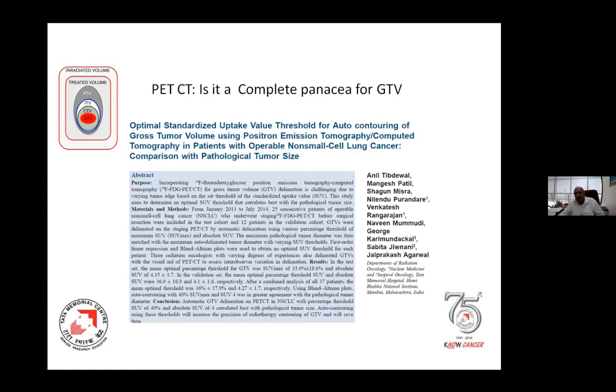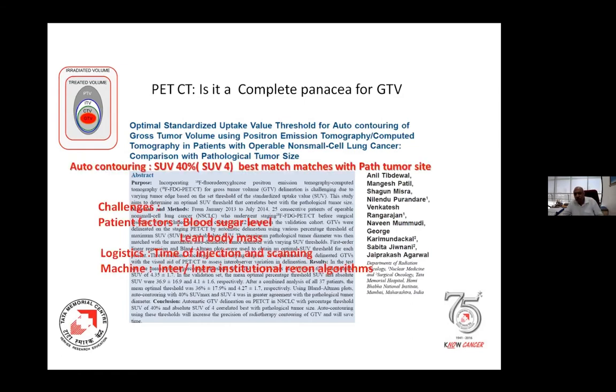What we found was that possibly 40% of SUV max was reasonably good in agreement when we were comparing the small tumors. So around 40%, or SUV max of 4, was the best match for pathological size.